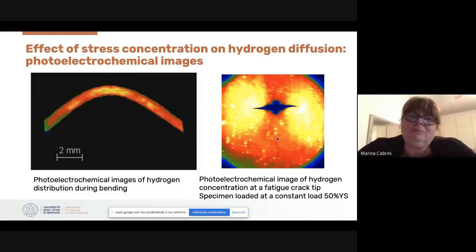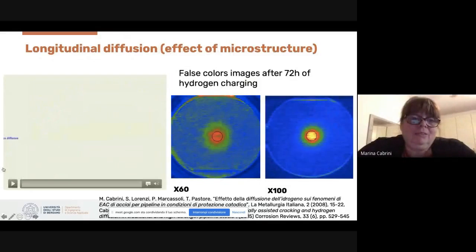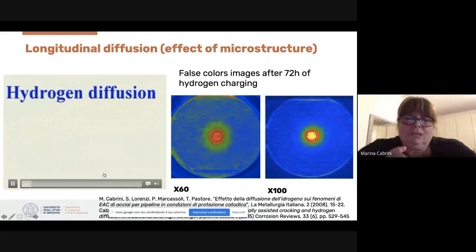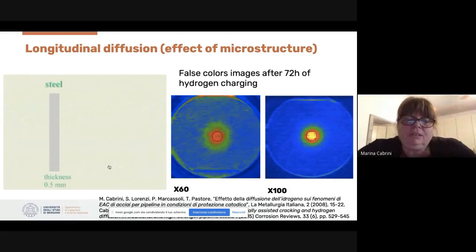Now we can try to make a simple experiment using the photoelectrochemical test, in which we use a specimen with two windows of different dimensions.